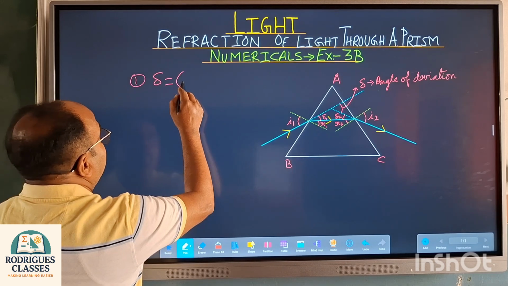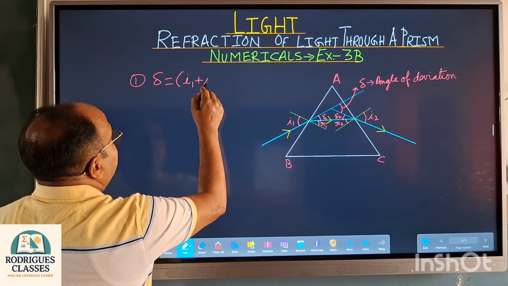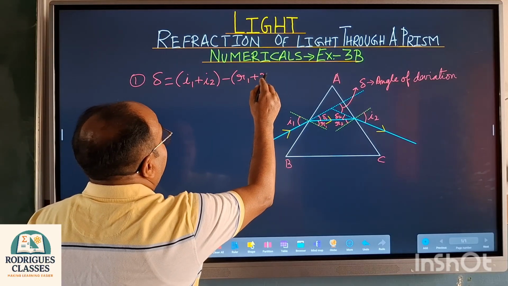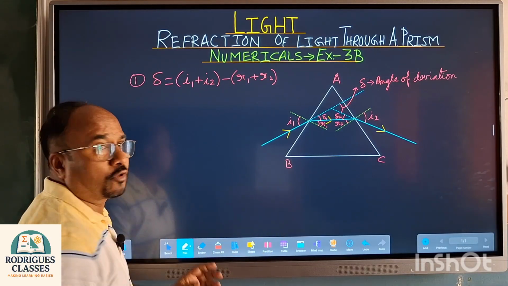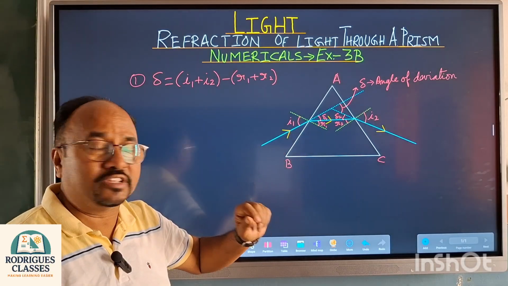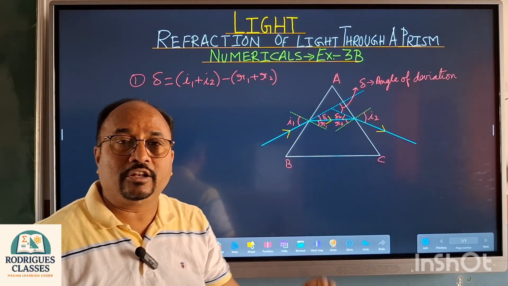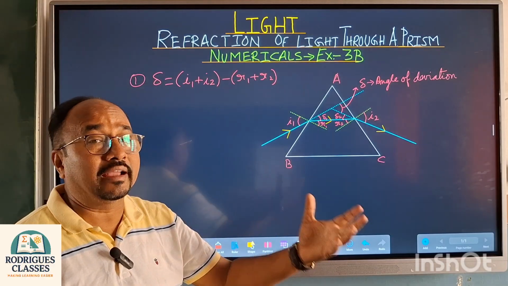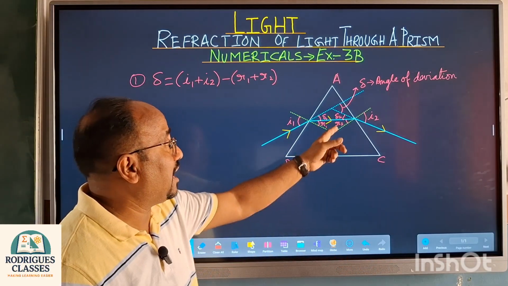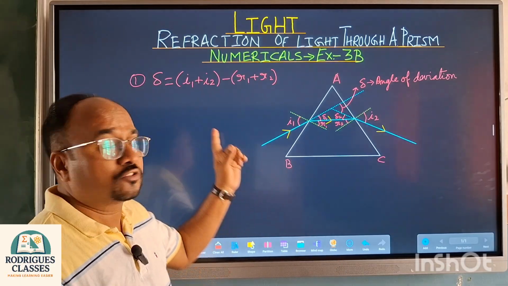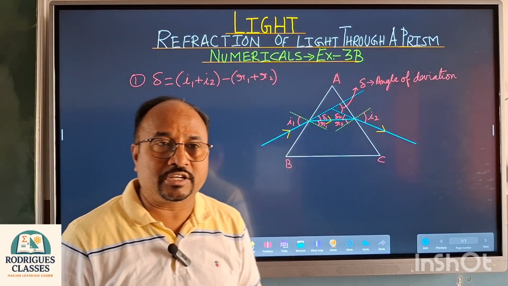The formula comes as I1 plus I2 minus (R1 plus R2). So take a look properly in the diagram: I1 is the angle of incidence, I2 is the angle of emergence, R1 is the angle of refraction at the first surface, R2 is the angle of incidence at the second surface. So this one is the first relationship.